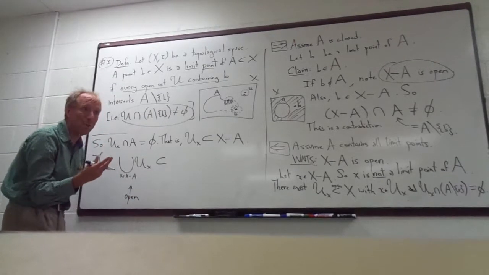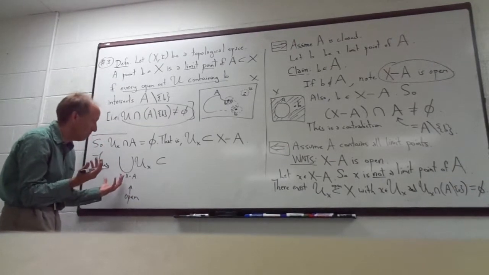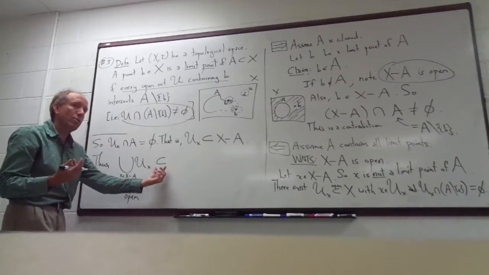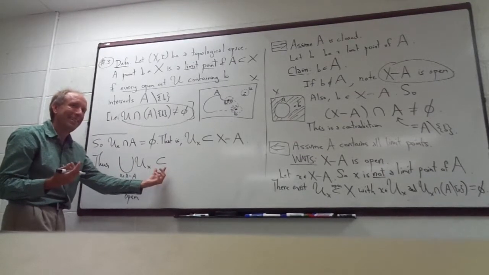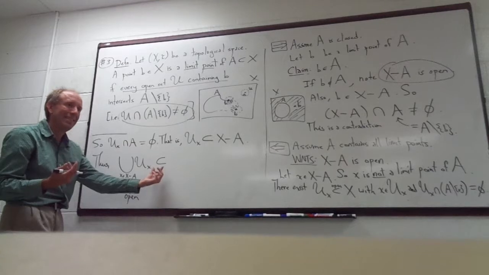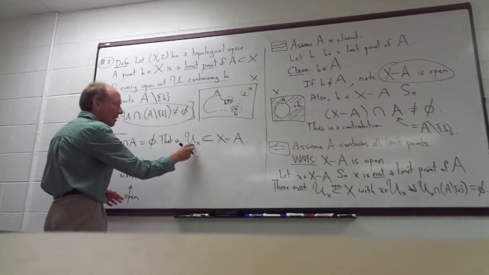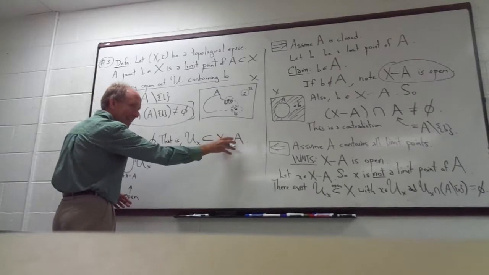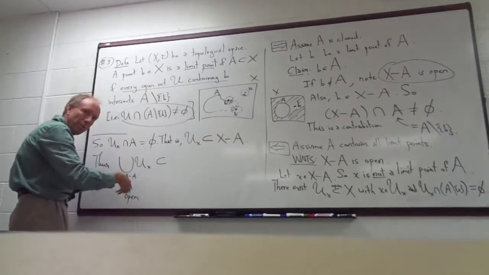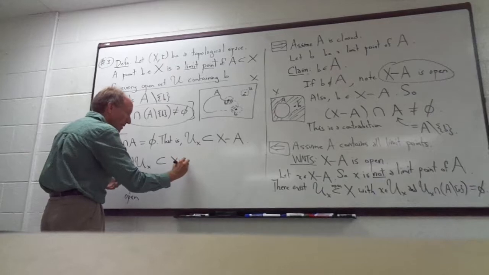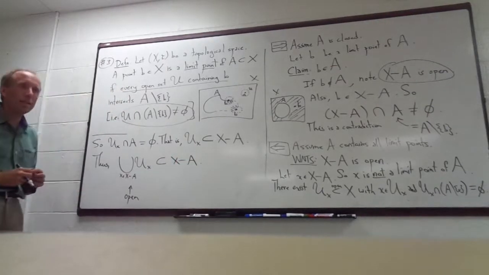An arbitrary union of open sets is still open. And where is it still contained? In X minus A, right? Every single one of these was contained in there, so if you take the union of all of those things, it's still contained in there.